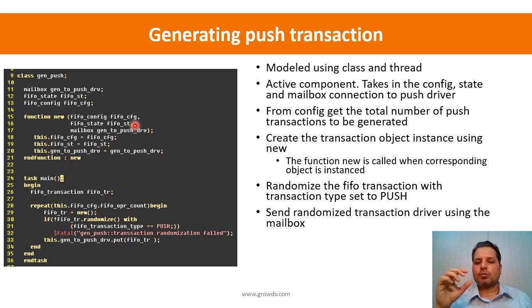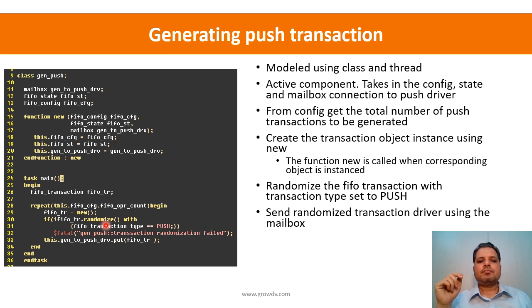If you remember from the testbench architecture, your config and state are global objects which help shape the traffic that is generated from these generators, right? We have declared these variables within the class, and we are assigning whatever we have received as arguments to the variables present inside this particular class.